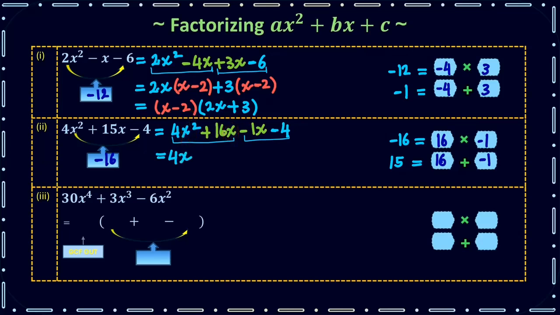So 4x is the GCF of the first group. When taken out, 4x squared divided by 4x leaves us with x. 16x divided by 4x, 16 divided by 4, that leaves us with 4, and x's get cancelled out.